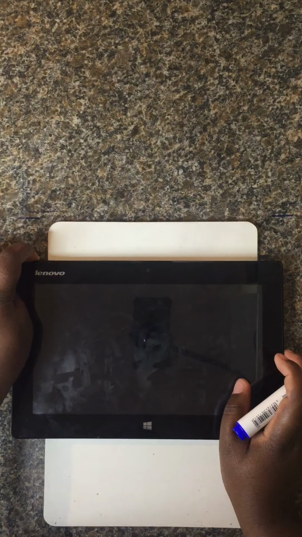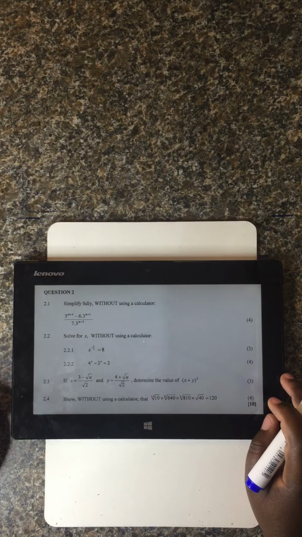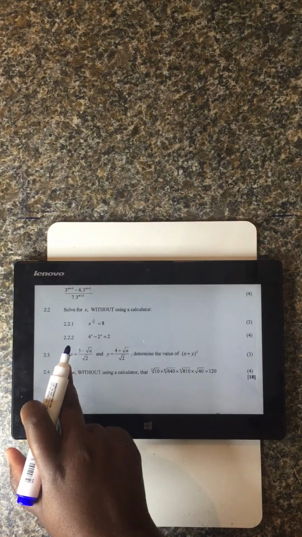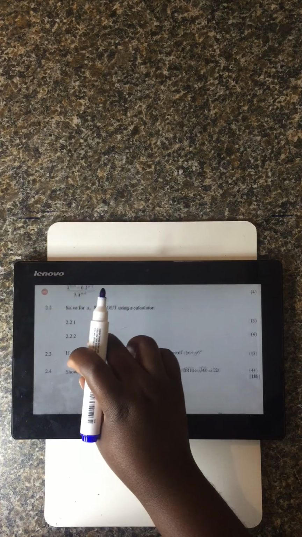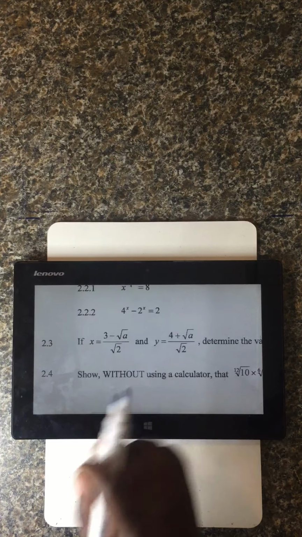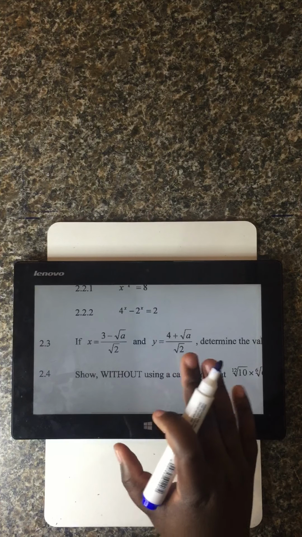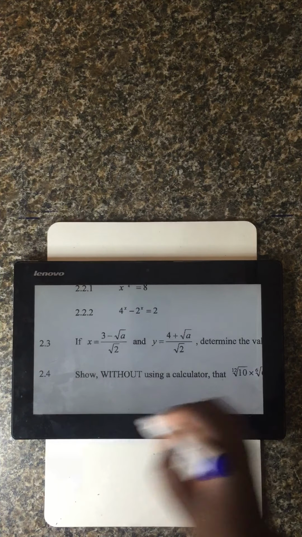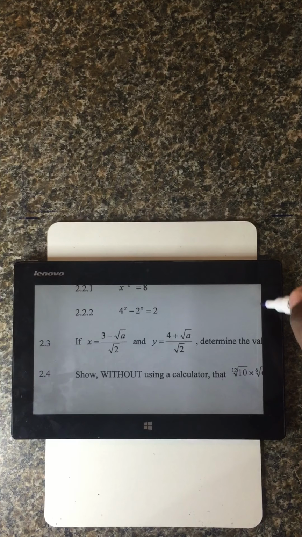I'm not sure if it's 2 point, no, it's not 2.2.3, but instead it's just 2.3. So they're saying if x is equal to that. Let me just zoom in so that you're able to see. Remember, guys, if you're not able to see clearly on my screen, on your tablet or phone you've got those 3 dots.